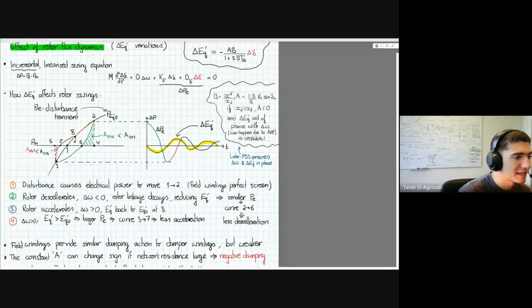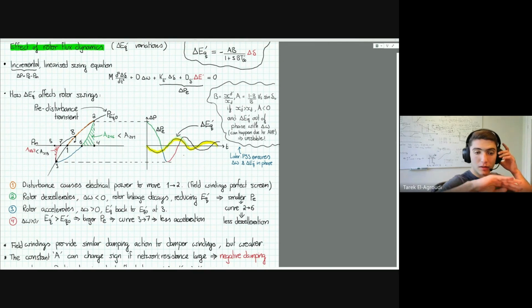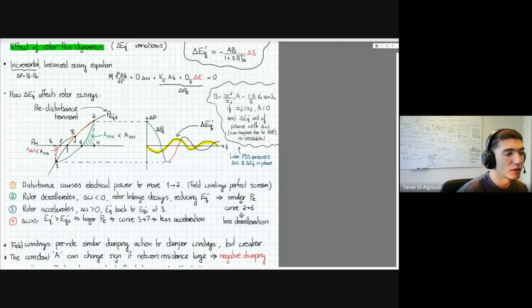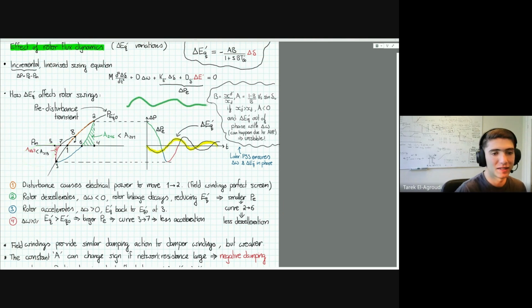In the same way, once you've reached down here and your mechanical power is bigger than your electrical power, your transient EMF here will oppose again, so it will be bigger. So it will actually increase your electrical power from where it was before, and so it will reduce the acceleration area. And this basically just dampens out the system more.